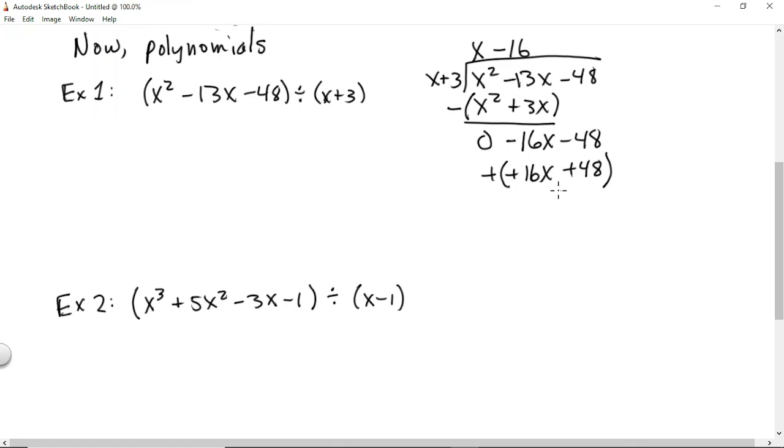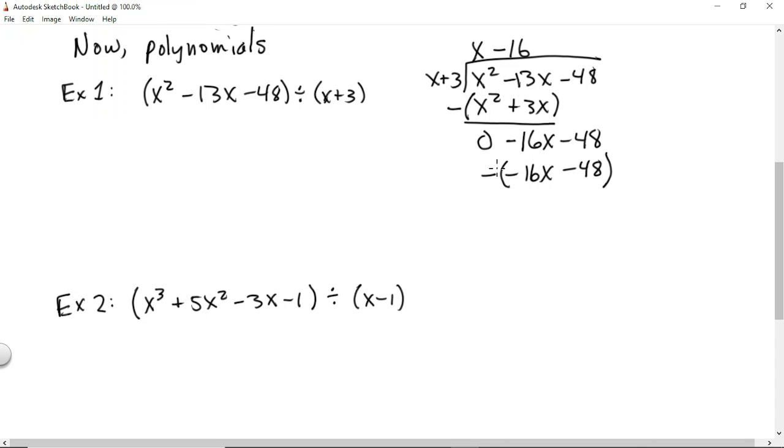So whether you want to change it in the way you write or just think about it, that's up to you. I'm going to leave it like this time. Play it straight. I multiplied negative 16 times x plus 3, and I got this. And now I'm subtracting that.